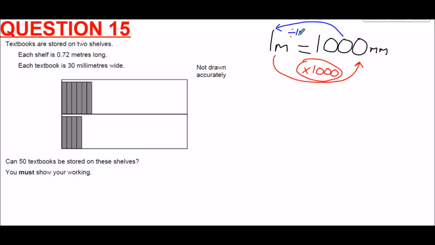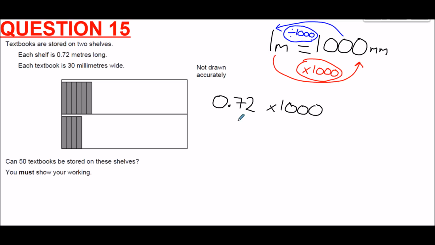Instead of timesing by 1,000, it'd be dividing by 1,000. But in this case, it's probably easiest if we change 0.72 meters into millimeters. And so 0.72 meters, if we multiply this by 1,000, it'll tell us how many millimeters that is.